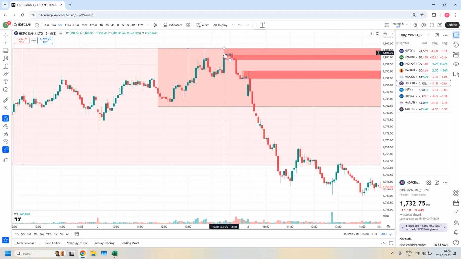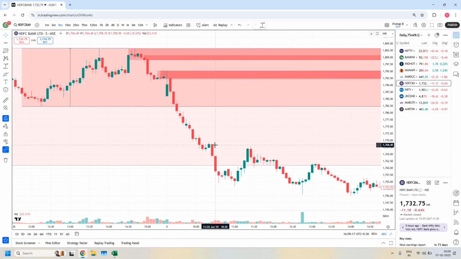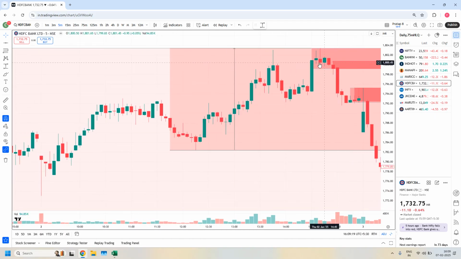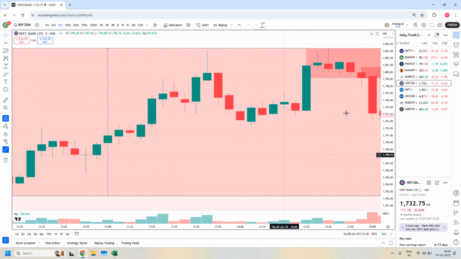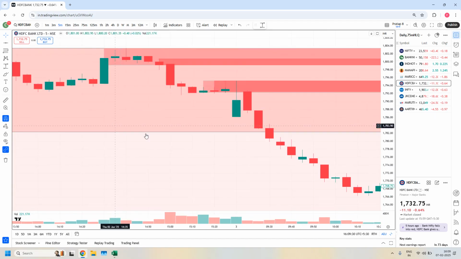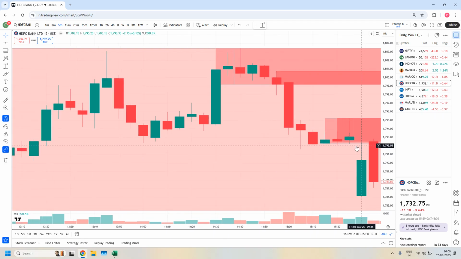So here we have a rally, 1, 2, 3, 4 base candles and drop, but here I didn't consider this, because if you expand, you get clarity. So you have a drop, you have a base, you have a drop. That way I identified this 5-minute zone. And here you have a drop, 1, 2, 3 base candles and drop candle.